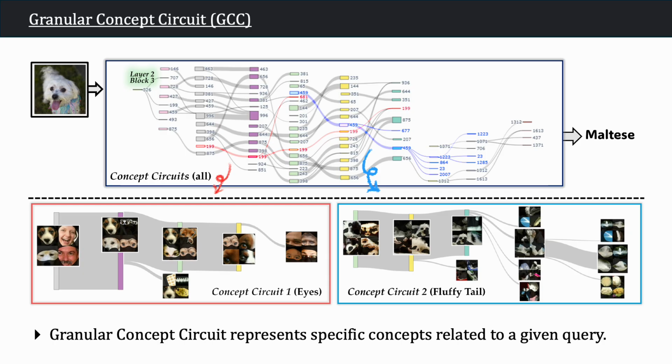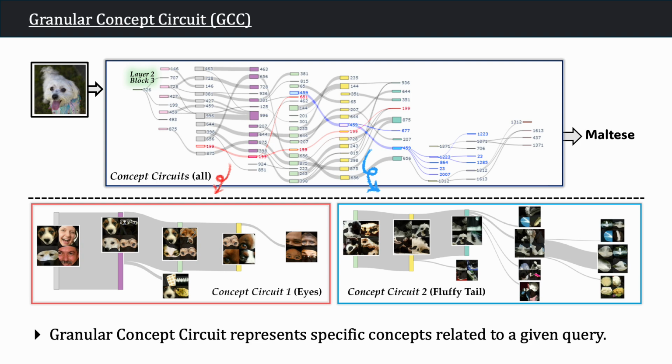To address the limitation of previous approaches, we propose a new visual circuit tracing method called Granular Concept Circuits. This method identifies fine-grained circuits that encode specific concepts related to one or more core images.